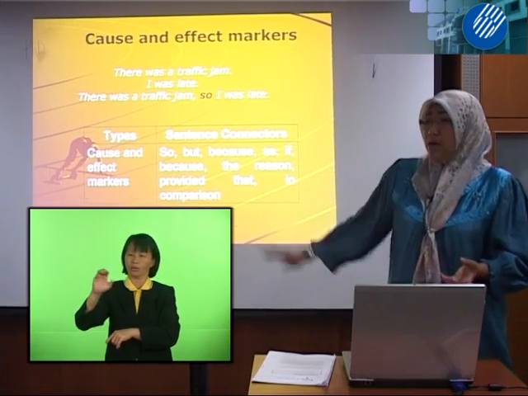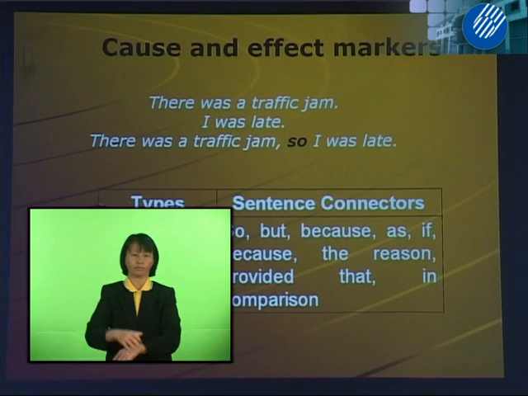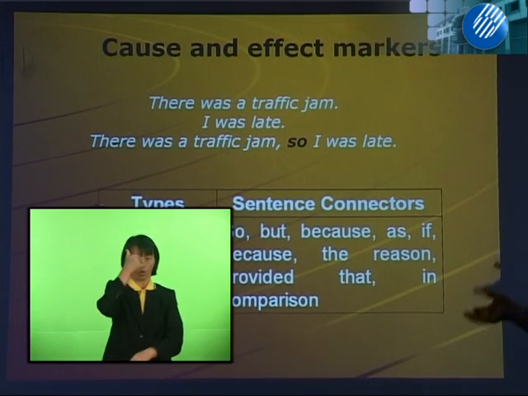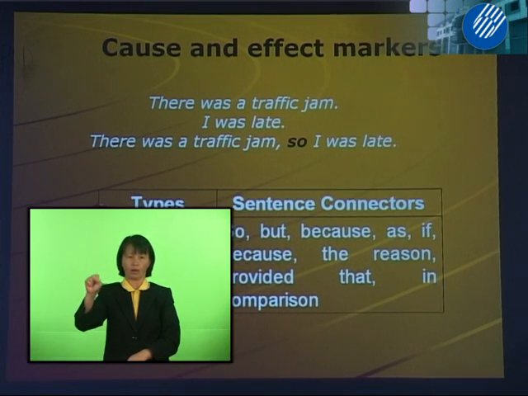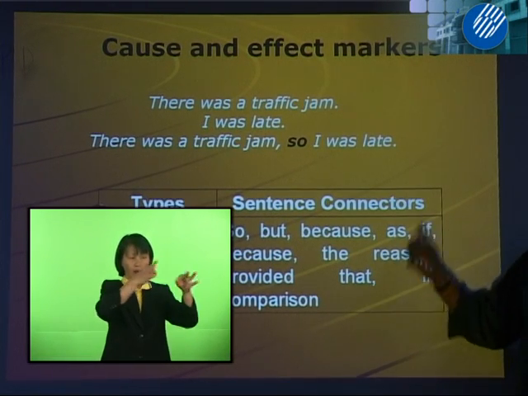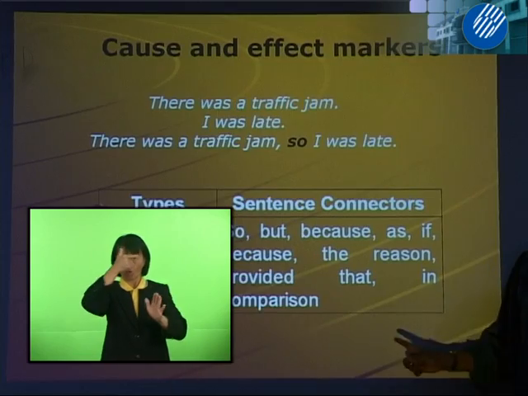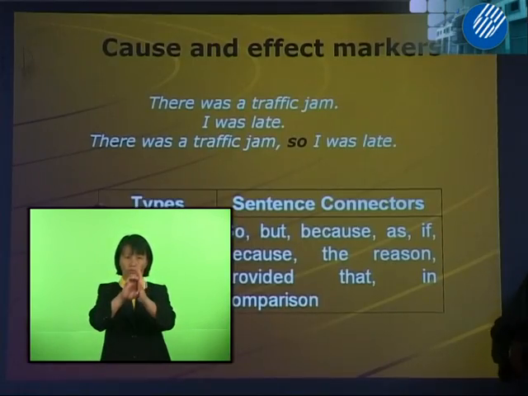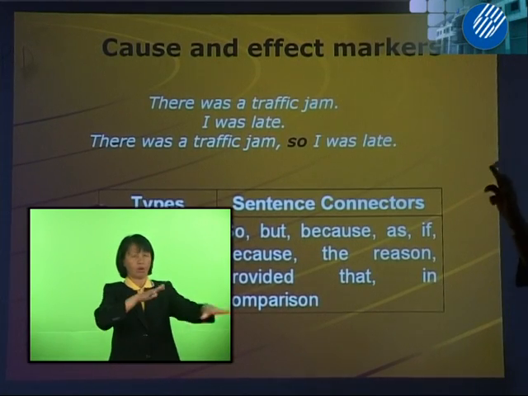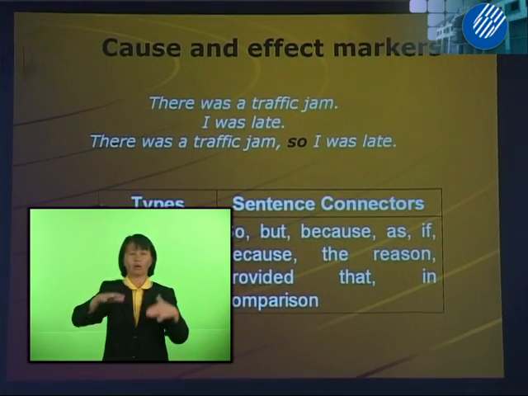Alright? Cause and effect. What are those? So this slide shows you the cause and effect markers. These markers connect sentences which show a cause and effect relationship. For example, there was a traffic jam. I was late. So how do you beautify these two sentences?